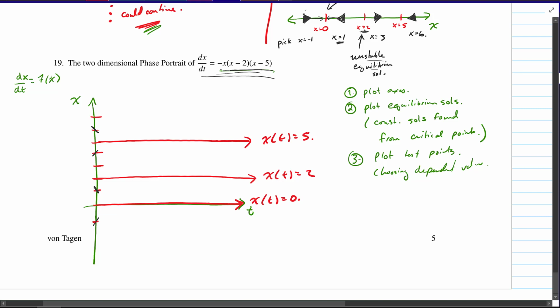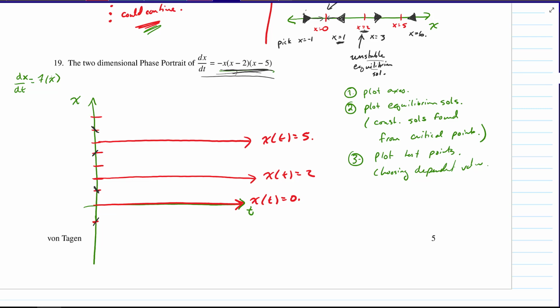Okay. Once you have these, notice that these solutions, for example, never change. And I could sketch that all the way across. It's going to make my diagram really cluttered if I do, but those are the same regardless of the choice of t. Why? Because the rate of change is independent of t. Okay, so now we've got those slopes on there.